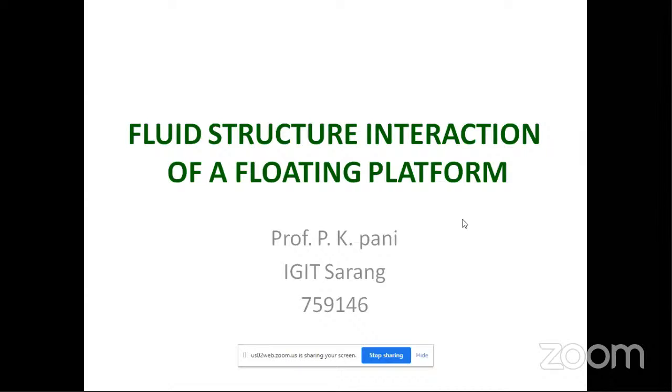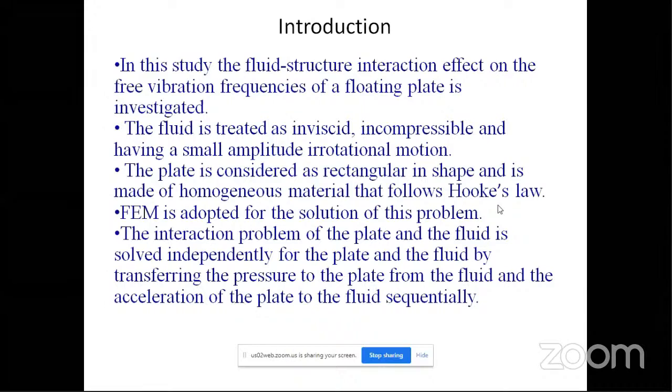Here we'll see how the fluid interacts with the platform or a plate. To begin with, we'll see the frequency. Generally, in structures, the frequency is an important thing. You must have heard about resonance.